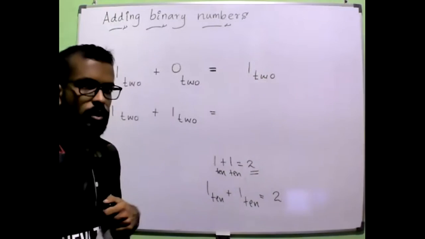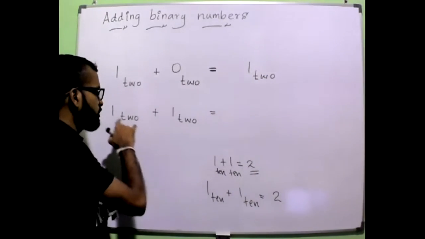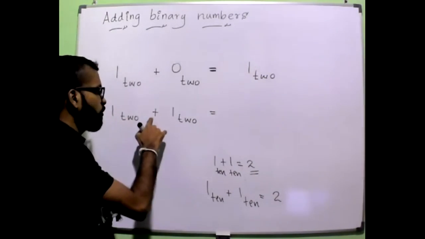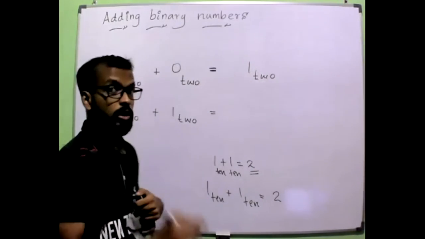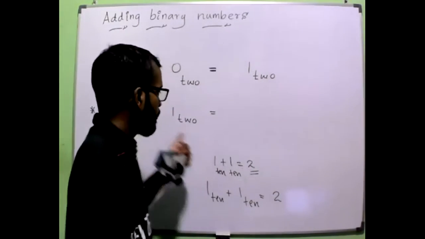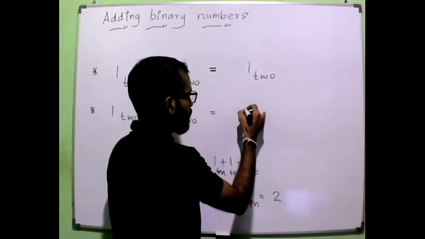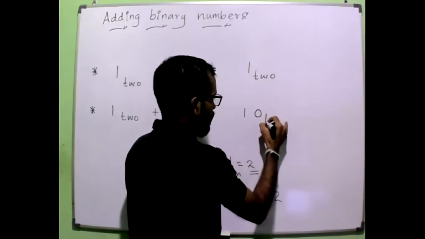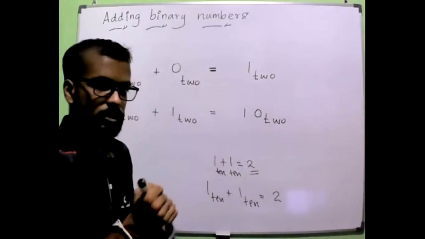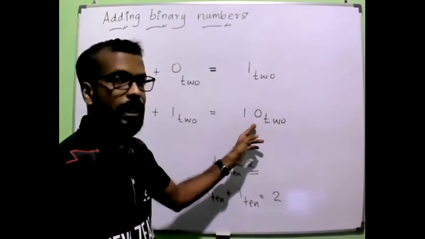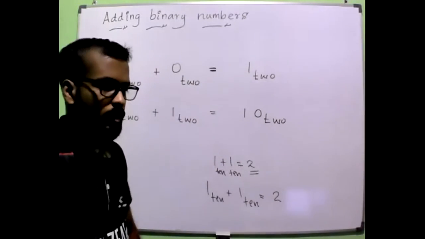You know that. But in binary numbers, 1 base 2 plus 1 base 2, because the base is 2, not 10, the answer should be 1 0. This is not 10.